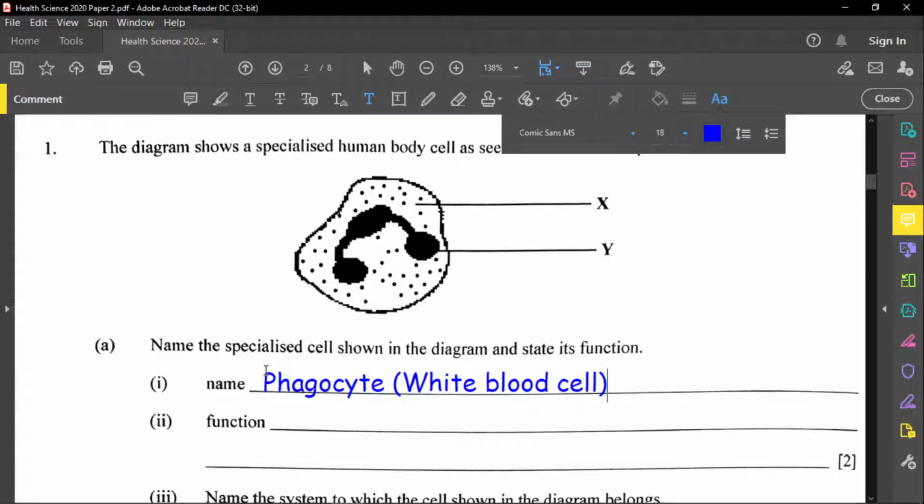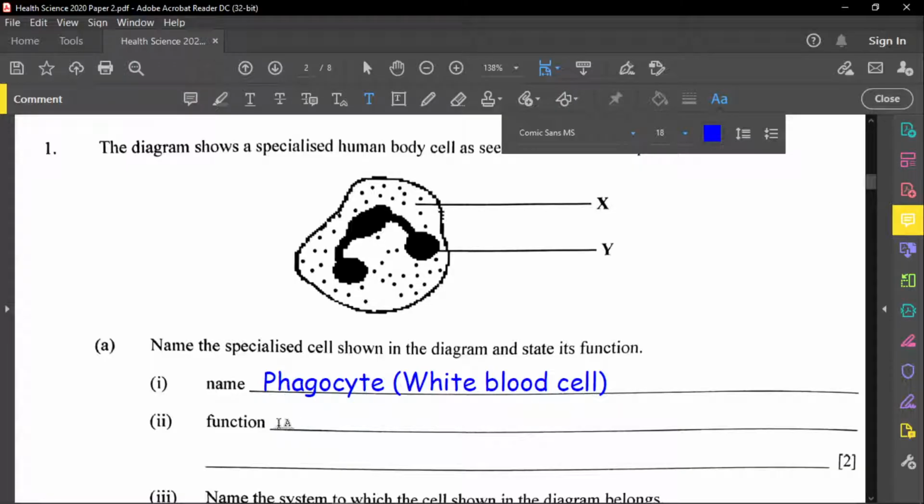Now, the function for this type of cell, which is the phagocyte, will engulf and digest microorganisms. Let me start out by giving a general function.